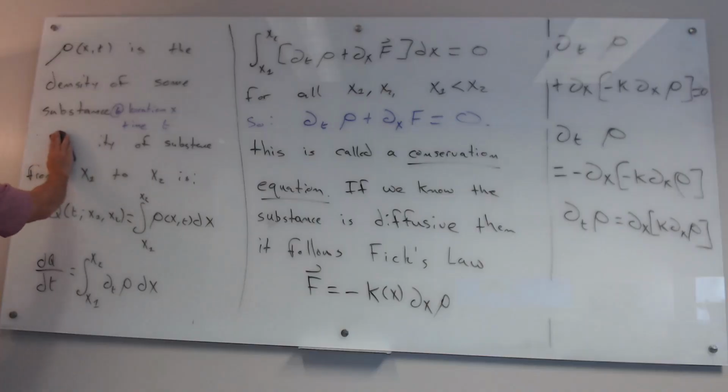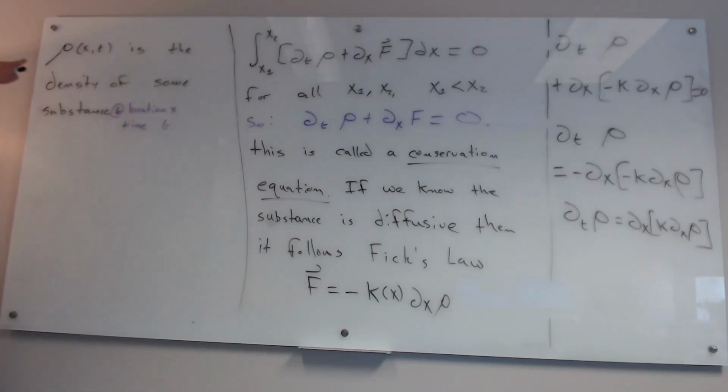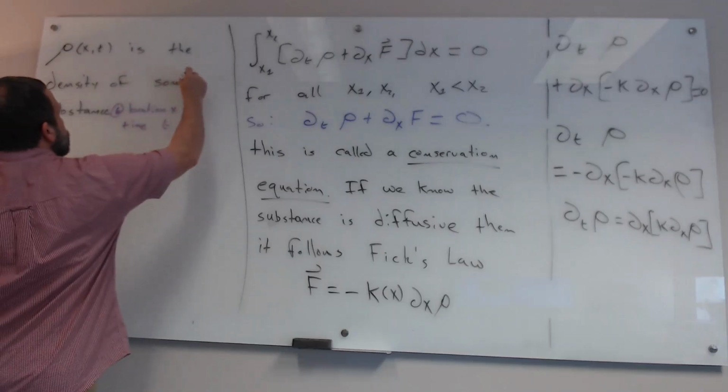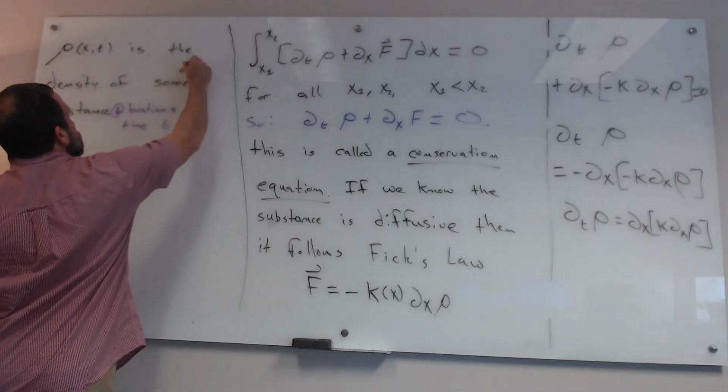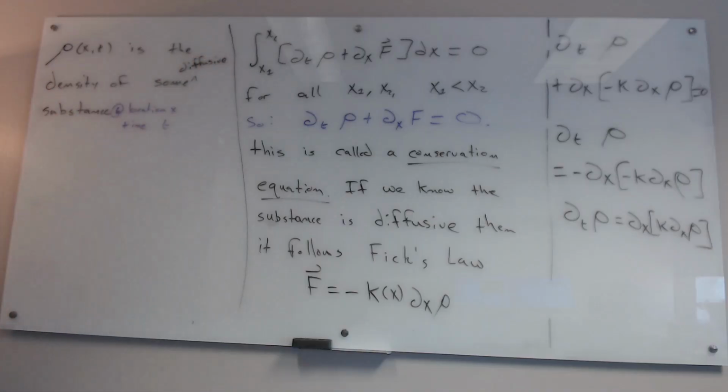And so now, if rho is the density of some diffusive substance at location x and at time t, it satisfies the following one-dimensional diffusion equation.